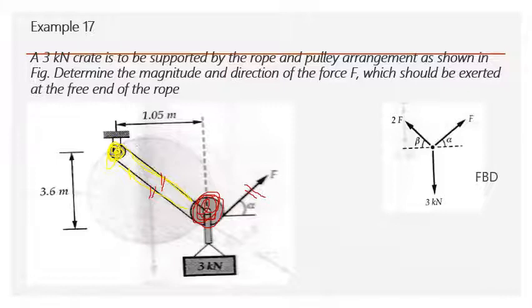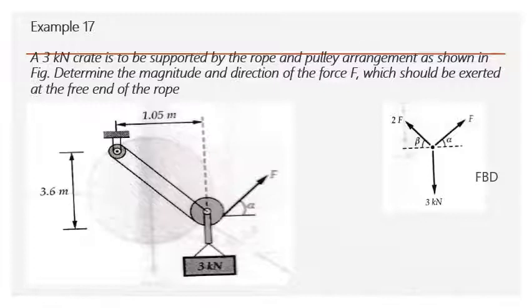And since again it is passing over the frictionless pulley, the tension on the other side of the pulley would be the same, so that is given as F. There are two ropes, so it is 2F. So this is how, once you draw the free body diagram, the rest is easy.